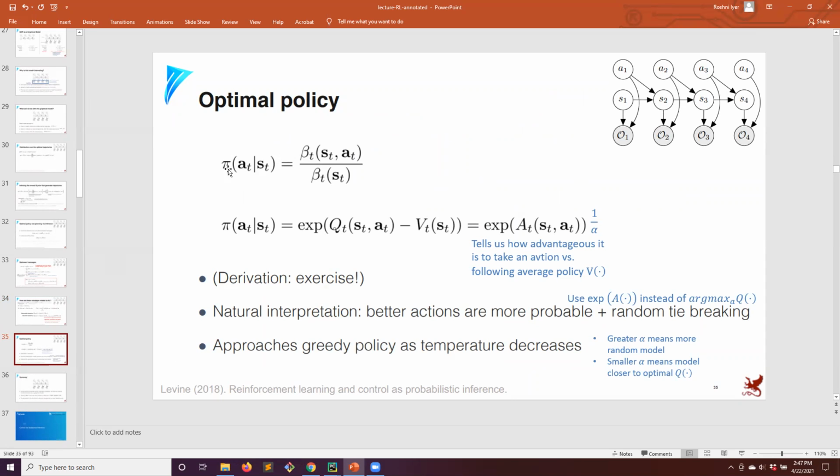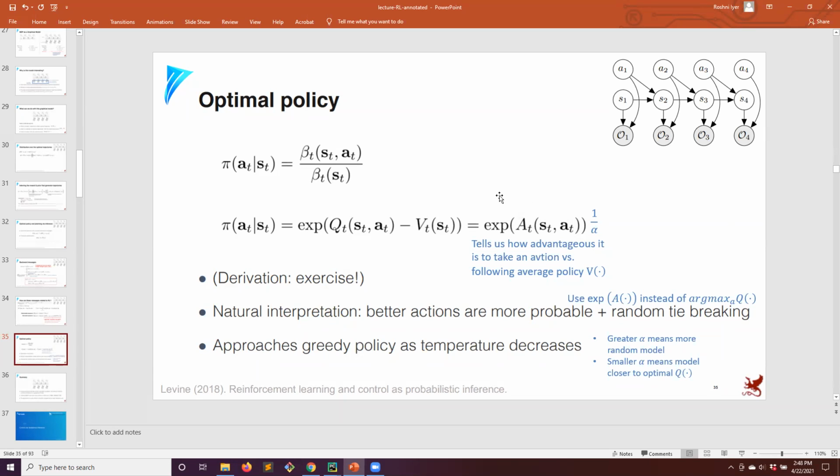Then once we have these backward messages, beta t of s_t, a_t and beta t of s_t, we can write the policy of the action that we take given the state as follows. This is the exponential of the Q function minus the value function. We call this term, the Q minus V part, A_t, which is the advantage function.